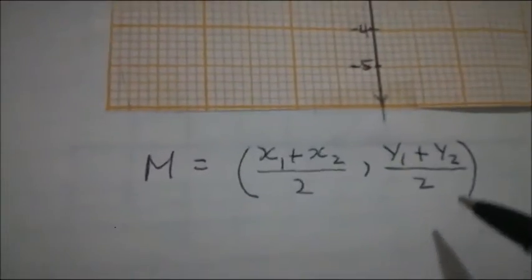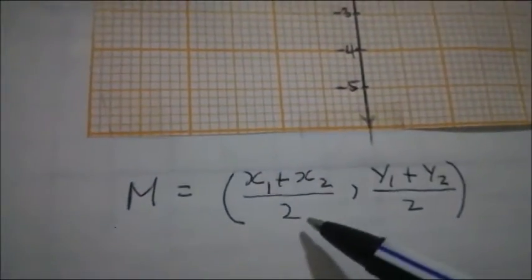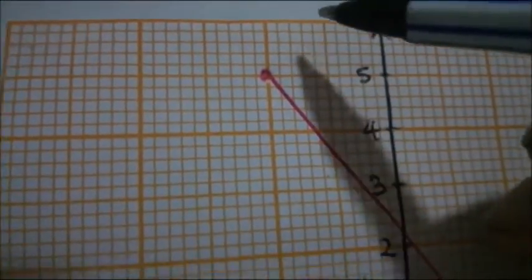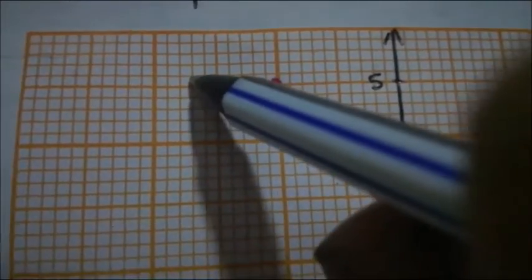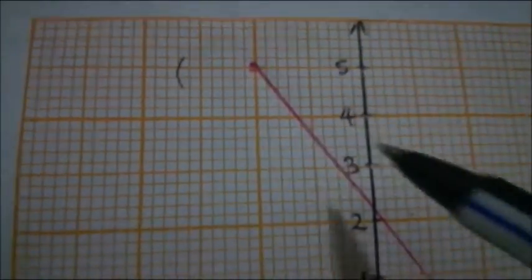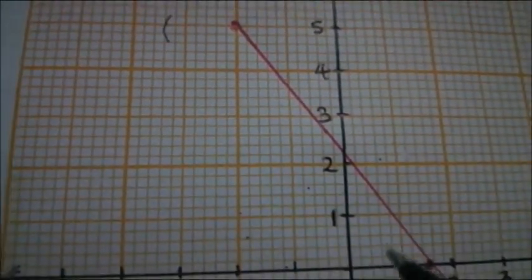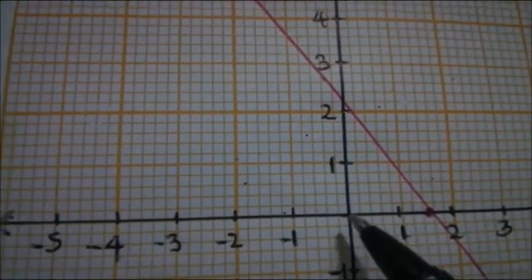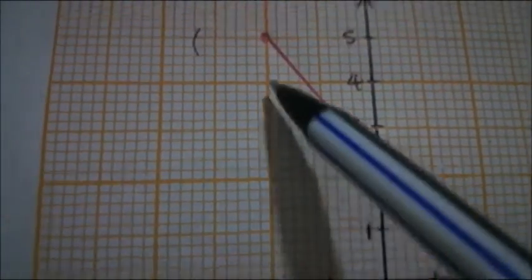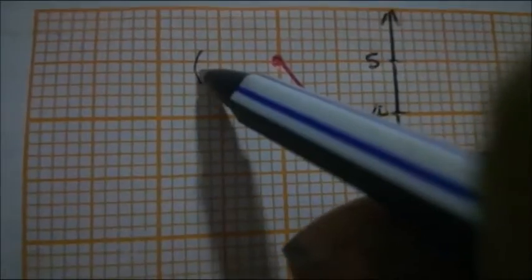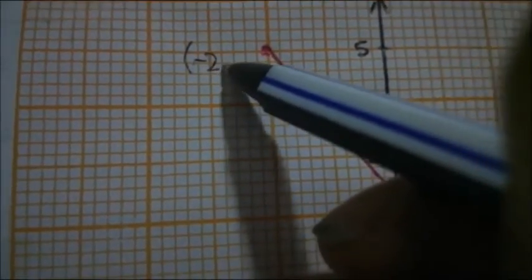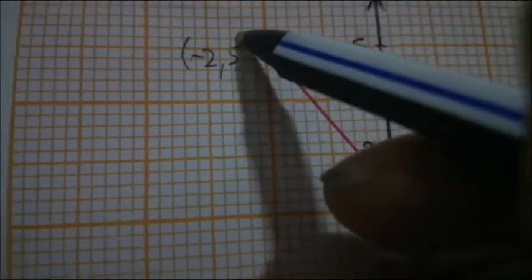Right, so all we need to do now is substitute the values. Just substitute the values, right? So when we go back to this now, we look at the coordinates for this point. What are the coordinates for this point? It will be minus 2, 5.